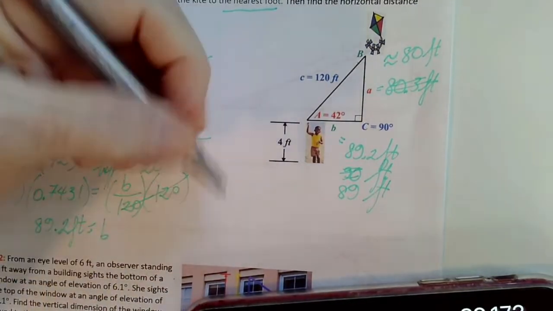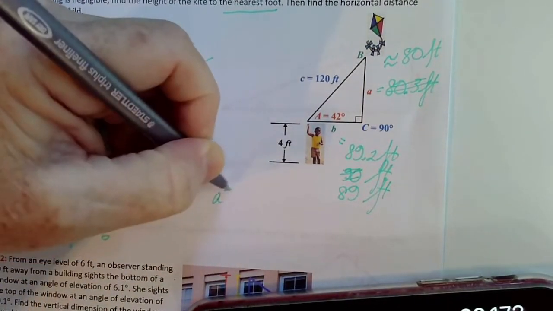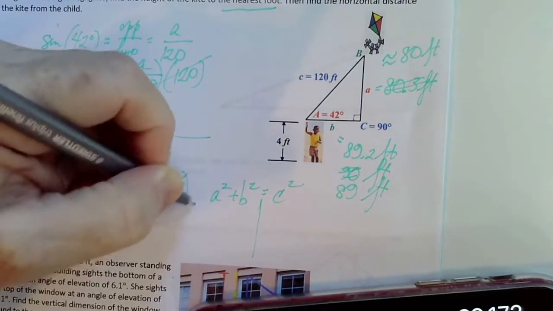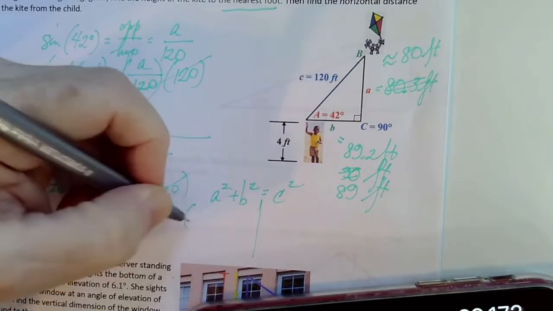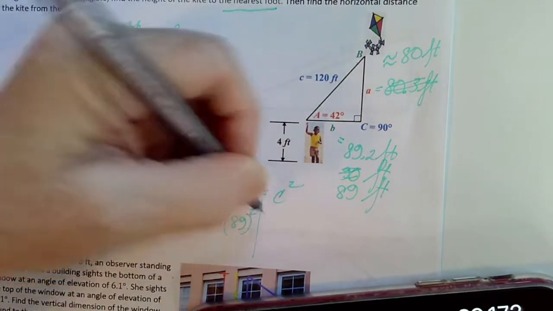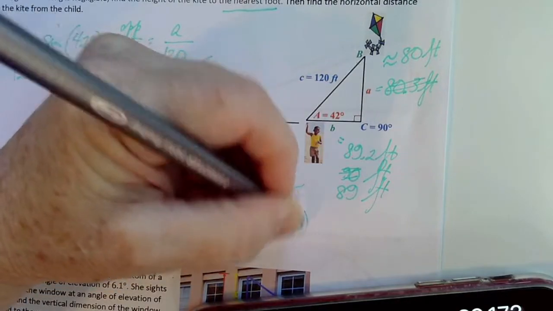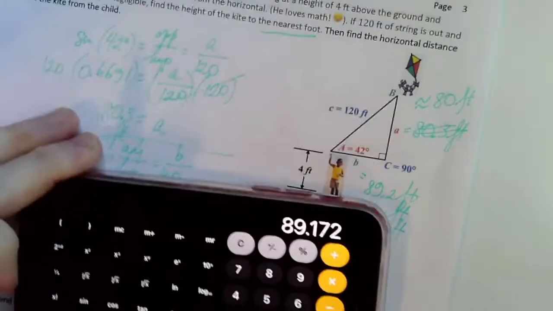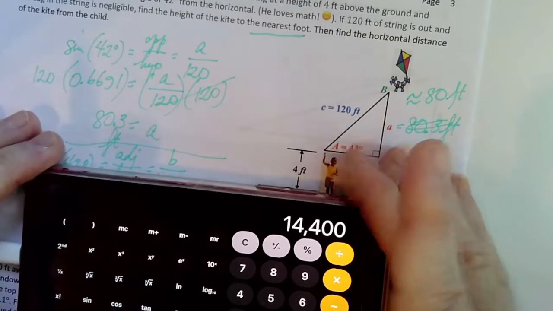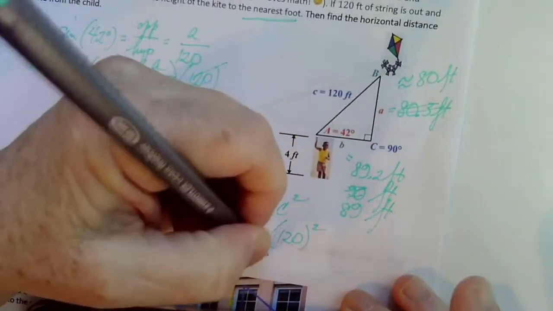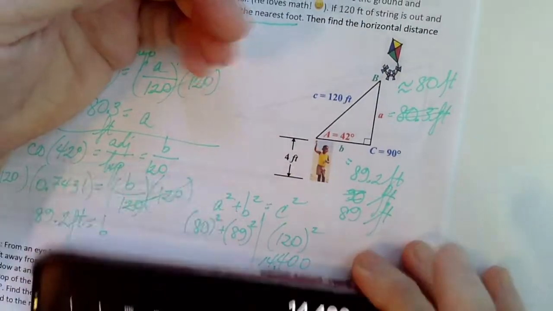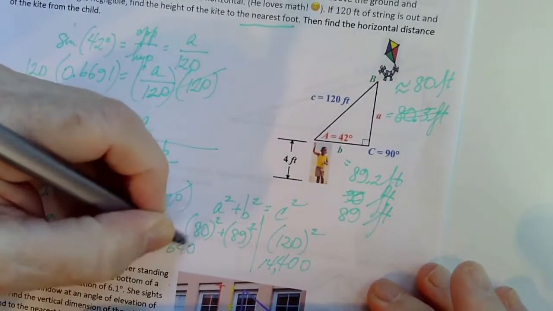I want to check really fast. I want to see if a squared plus b squared is c squared. So we have a is 80, b is 89, c is 120. Let's see. 120 squared is 14400. And 80 squared is going to be 6400.